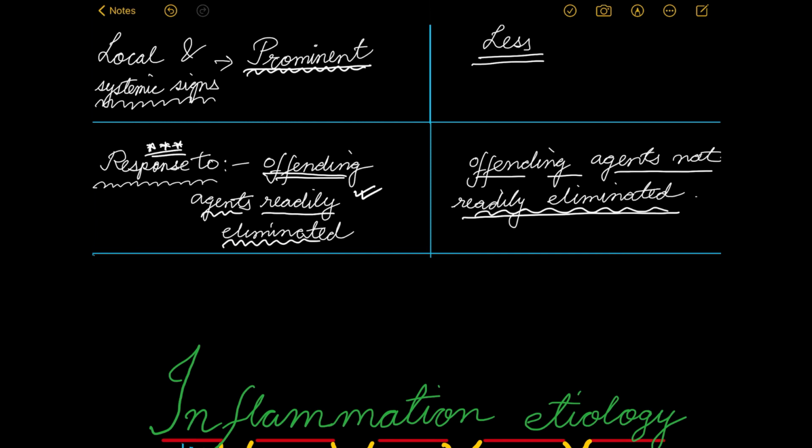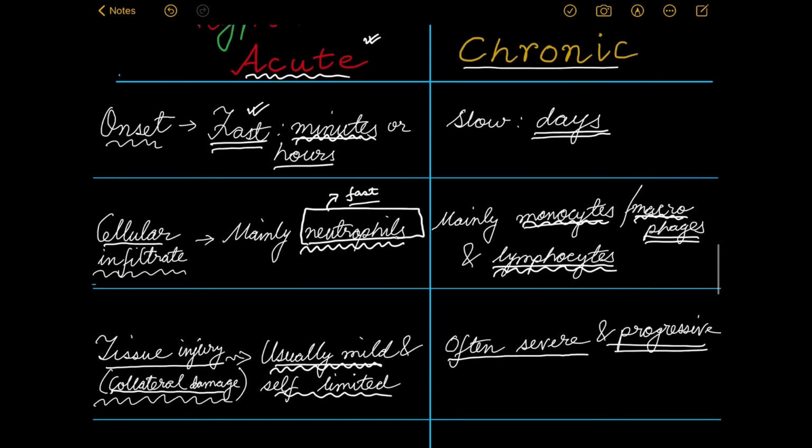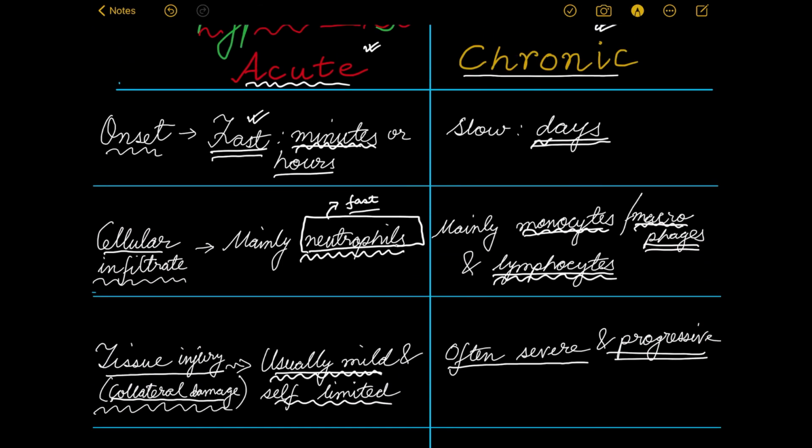So suppose the offending agent is a host cell or host tissue itself, then it would be very difficult for the inflammatory response system to either ignore or eliminate that, because it's a part of the host system. That would mean the inflammation goes on for days. It would take time to start, and it would go on for days, even years.